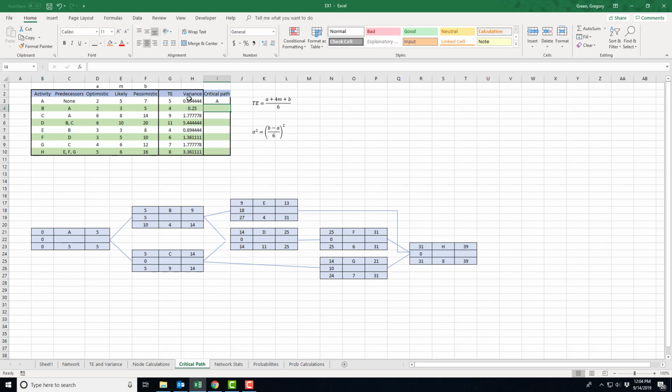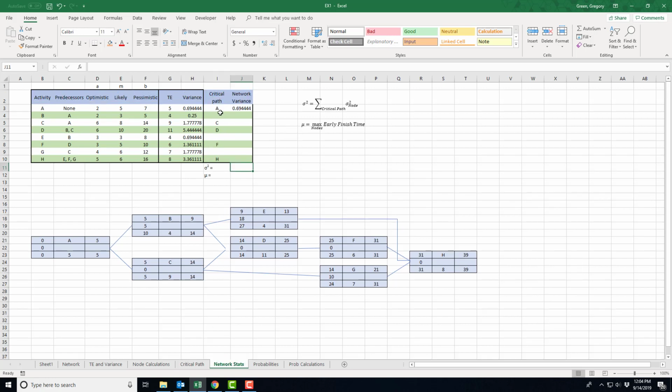Well, I want to copy this down this entire column so that I can see the critical path. And then once I have the critical path, I'm kind of done with the network. Now at this point, I'm looking at the network as a whole and not the pieces of the network one at a time.